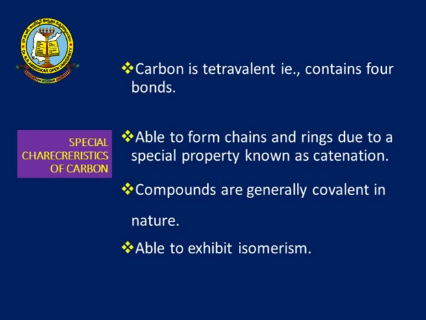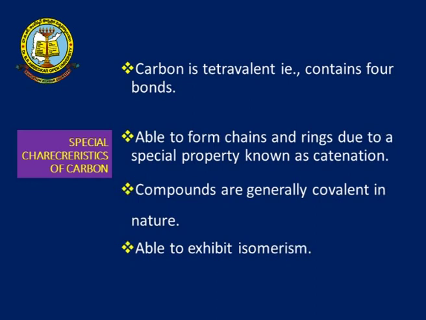Second, it is able to form long chains and rings due to a special property known as catenation. This property of catenation makes carbon very special in nature, and because of this, millions of carbon compounds are available today in nature. And the third one is, the compounds are generally covalent in nature.